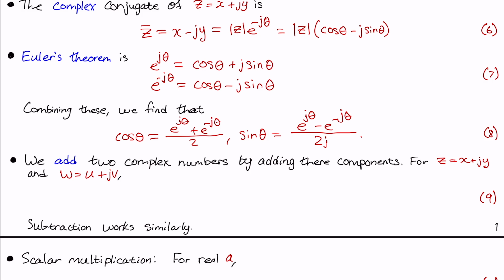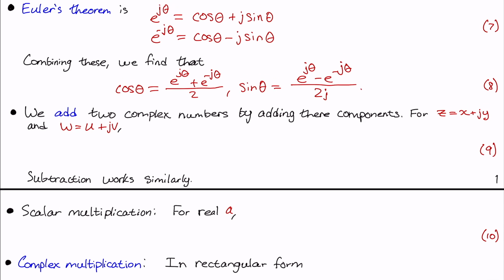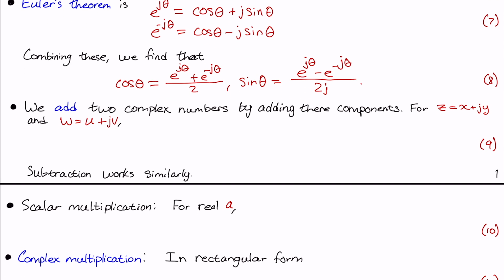Okay, we're going to go over some arithmetic with complex numbers. Then we'll go on to complex functions, and then from there we'll be able to go into the Laplace transform. Okay, so we can just add two complex numbers by adding their components together.